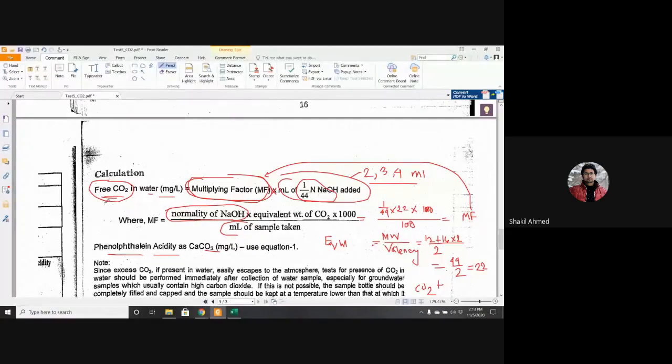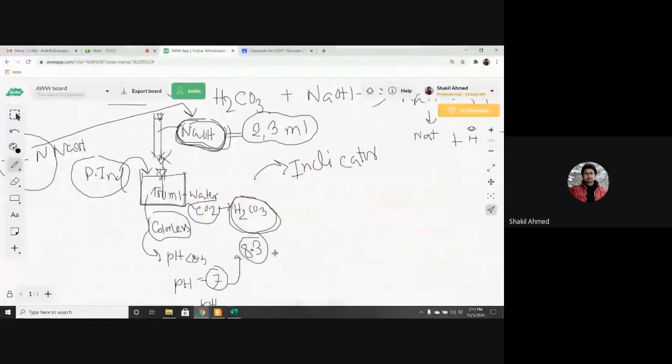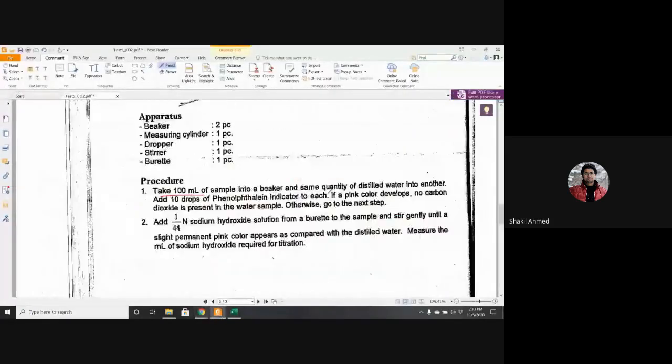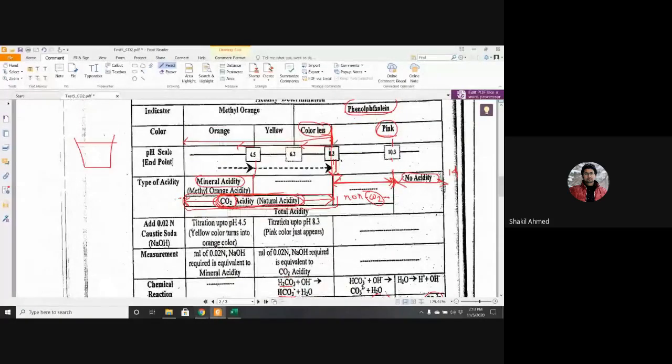And as you know, carbon dioxide also represents phenolphthalein acidity, right? Why phenolphthalein acidity? Because this acidity is in the range of the phenolphthalein indicator color change.